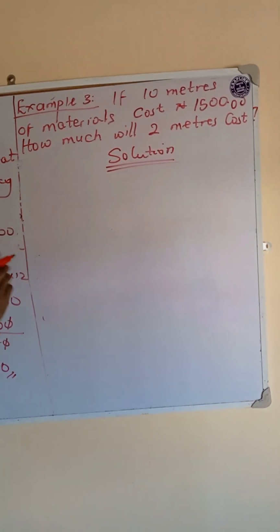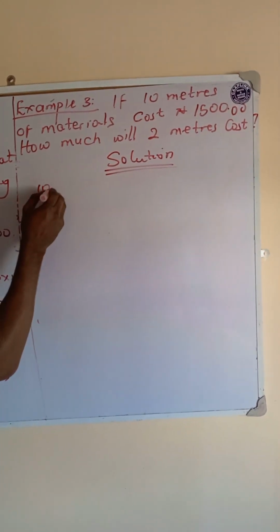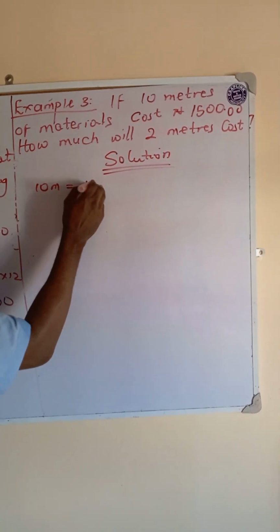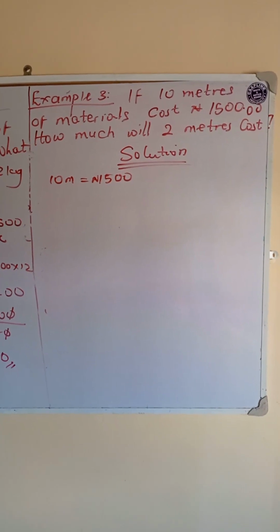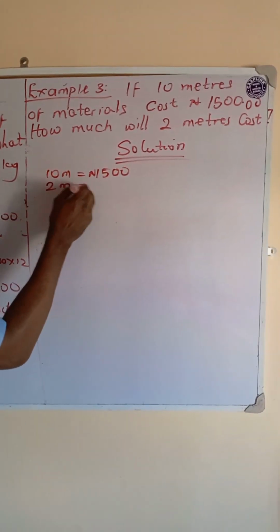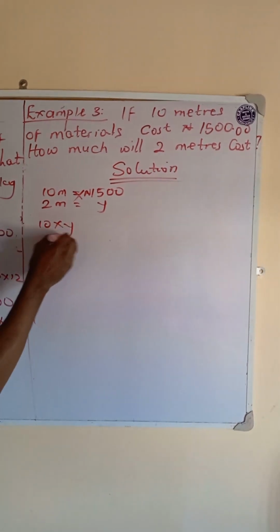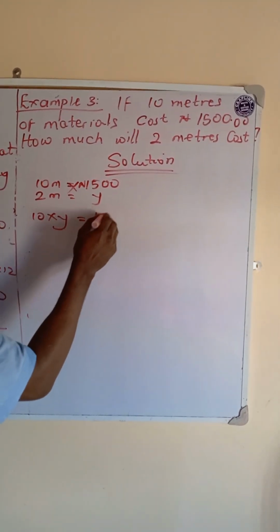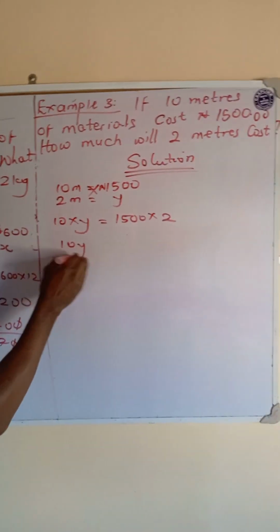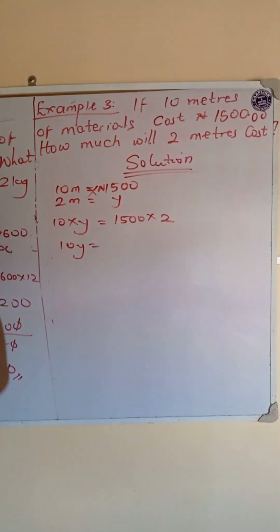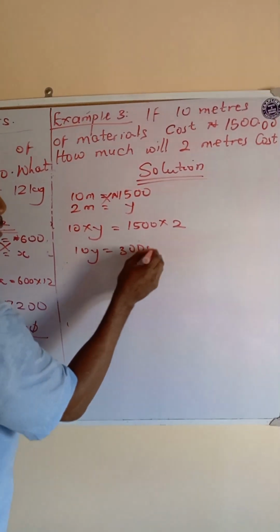All right, so I'm going to use only one method for this. 10 meters equals 1,500 naira, right? How much will 2 meters be? I don't know, y. Cross multiply. 10 multiplied by y equals 1,500 multiplied by 2. 10y will give me 3,000.